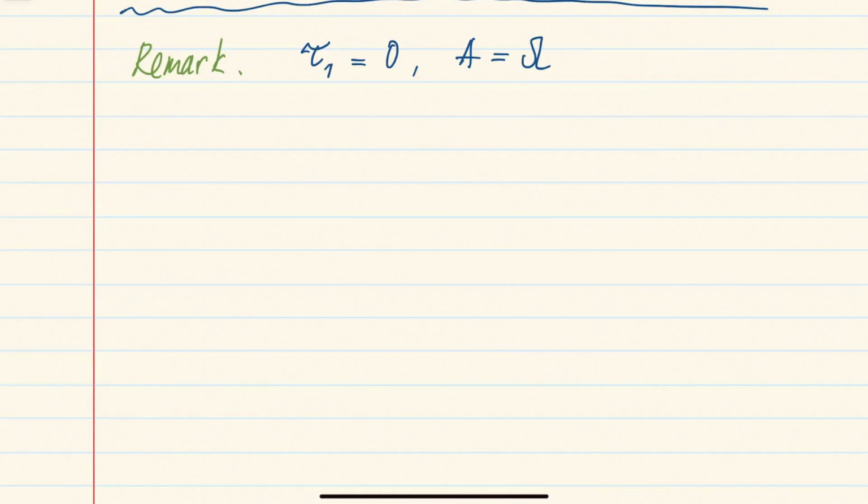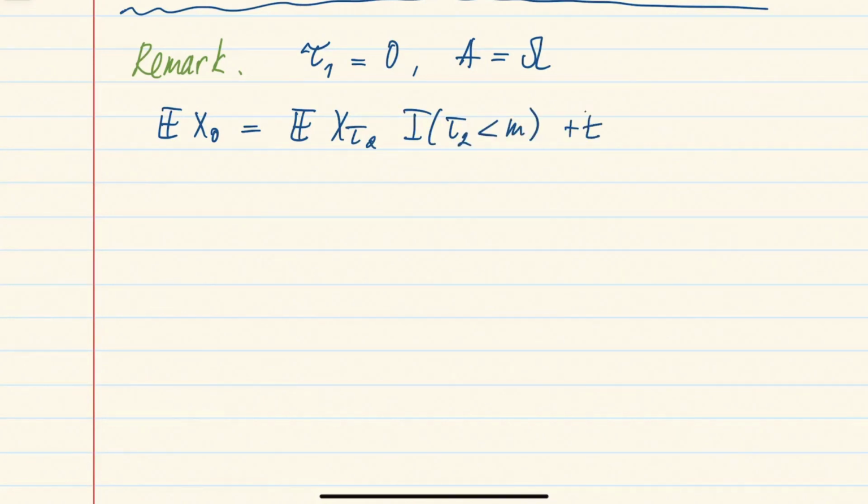Then in the above calculation, we basically showed that one can write the expectation of X0 when you write this telescopic sum as expectation of X tau2 on the indicator that tau2 is less than m, plus expectation of Xm on the indicator that tau2 is greater or equal than m. Okay, that's exactly the above calculation between 0 and some fixed value m, when the set A is just the whole space, so there is no indicator.